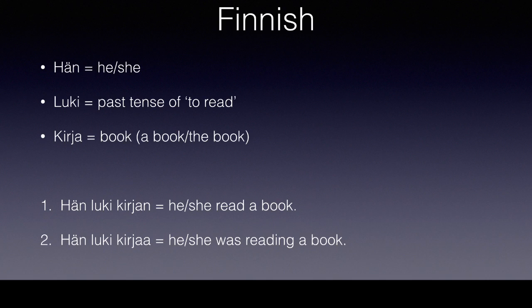Okay, then we've got 2 very short Finnish sentences. Hän luki kirjan, he or she read a book. Hän luki kirjaa, he or she was reading a book. I want you to pause the video now to work out how Finnish is different to English.